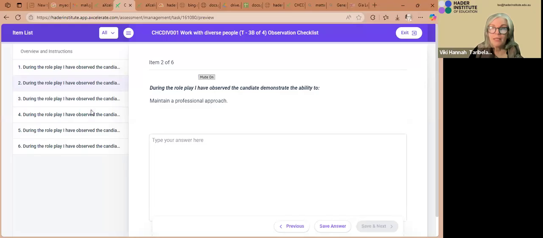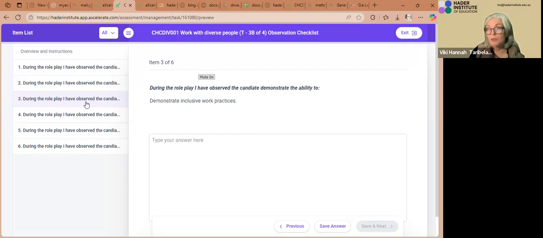During the role play, I have watched the learner maintain a professional approach in every conversation and every dealing. Demonstrate inclusive work practices. So you'll be modelling that.